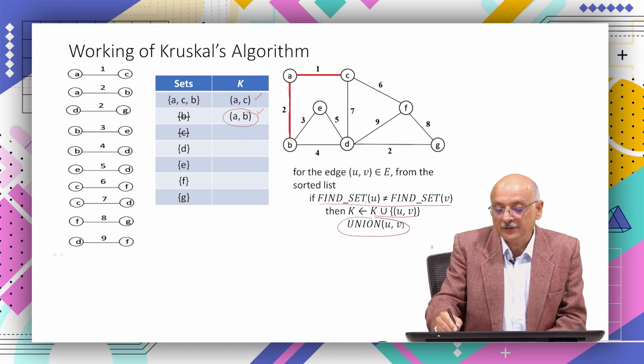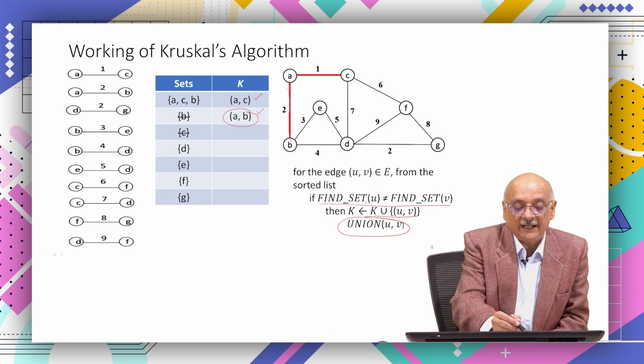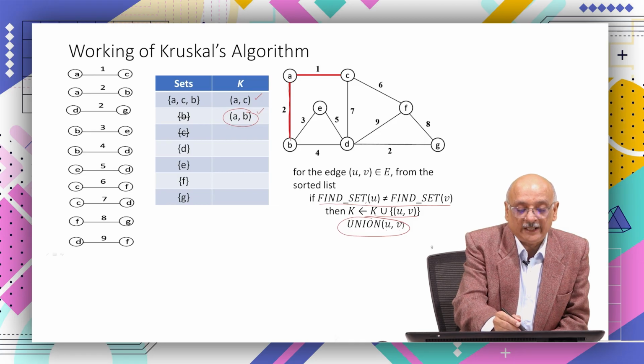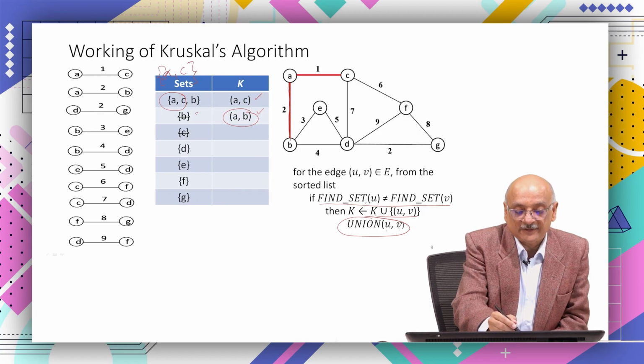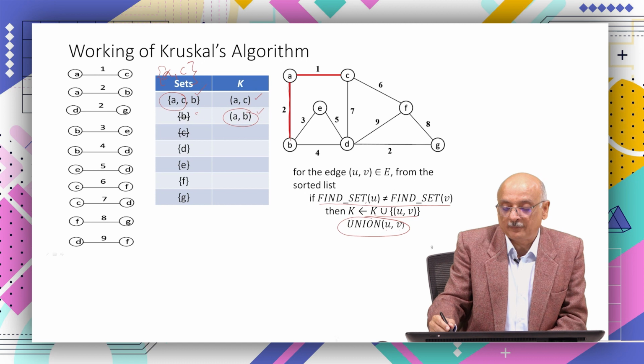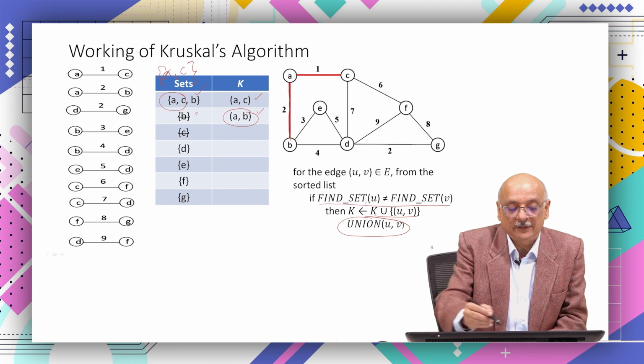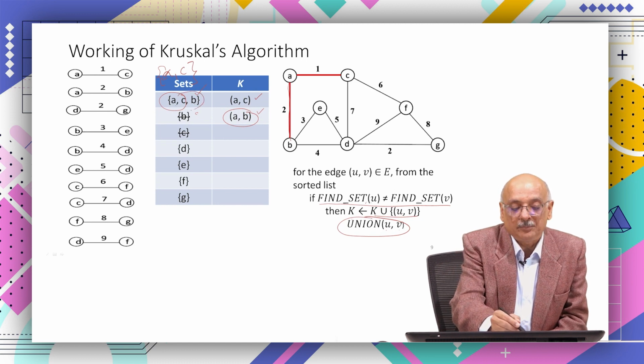Now, perform the union of the set containing U and the set containing V. The set containing U was actually AC, which contained A, and B was contained in B. So we took the union of AC and B, and the new set generated after the union is ACB.